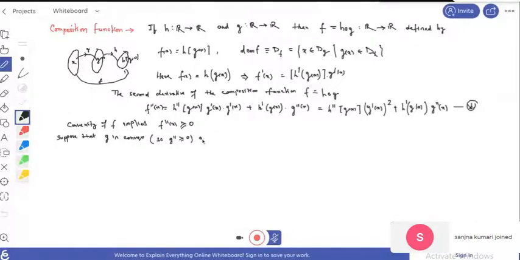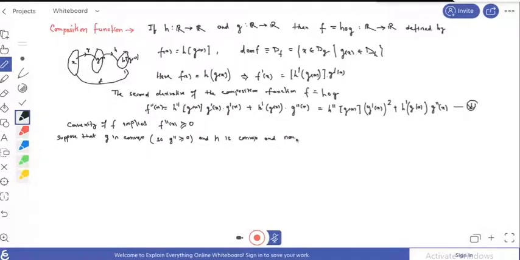Okay, and h is convex. So convex, and of course one more condition, non-decreasing. So why are we choosing this condition? Because we are interested to find the value of this f double prime. Okay, so that's why we take this condition.